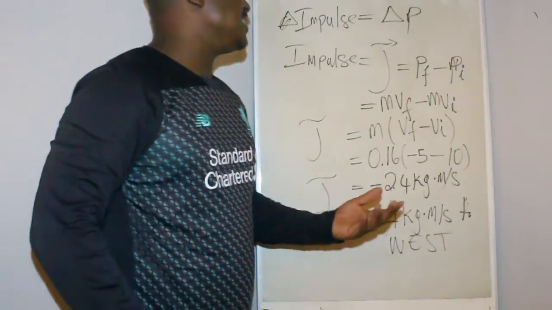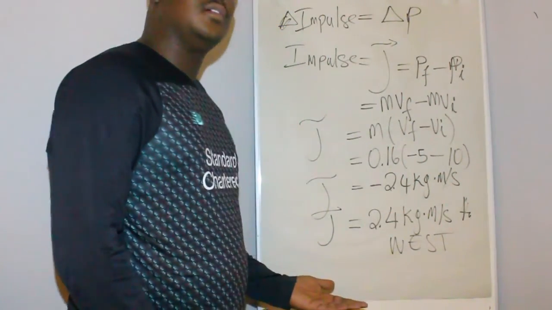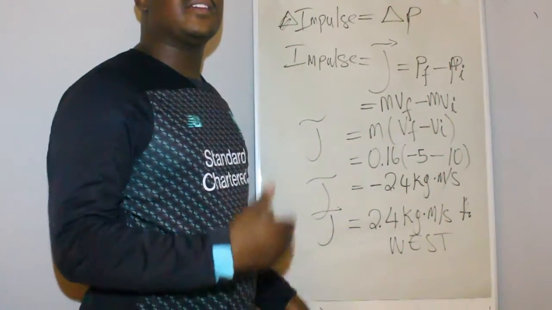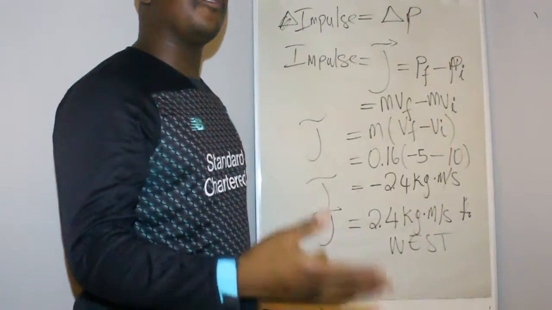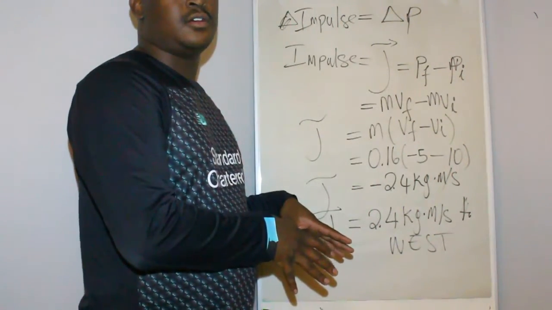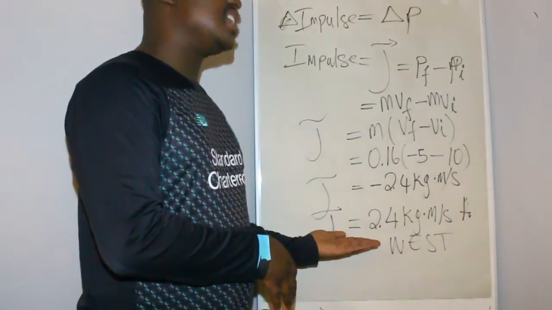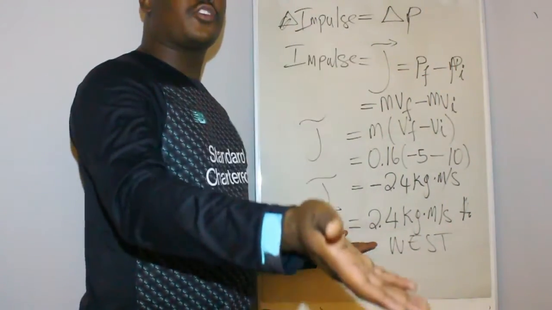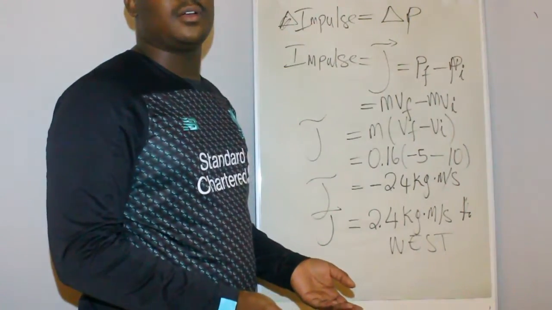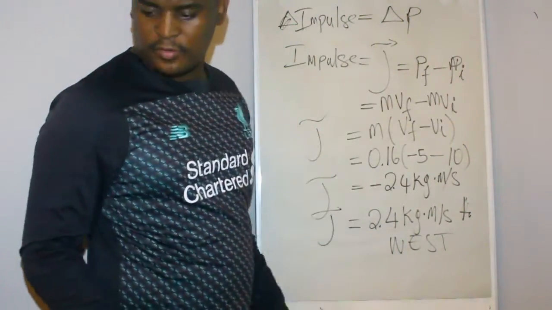So, as I said, the impulse is caused by the force of another object acting on our object of interest. In this case, this change in momentum is caused by the force of Q acting on P for a given amount of time, some interval of time.